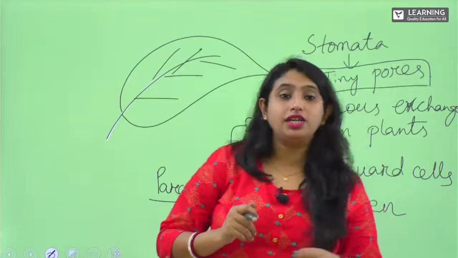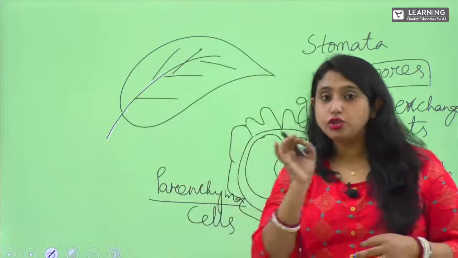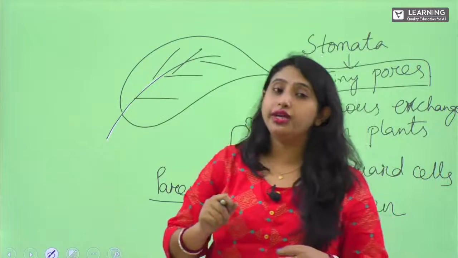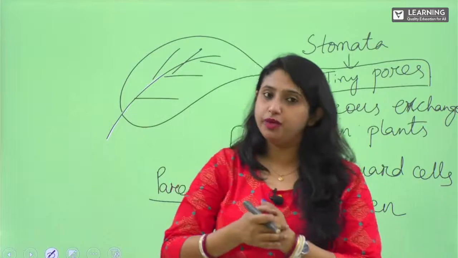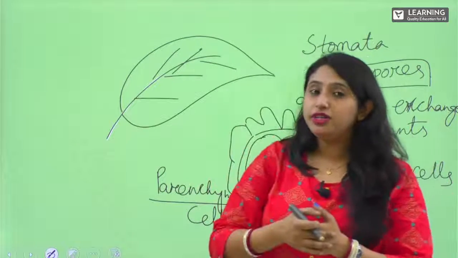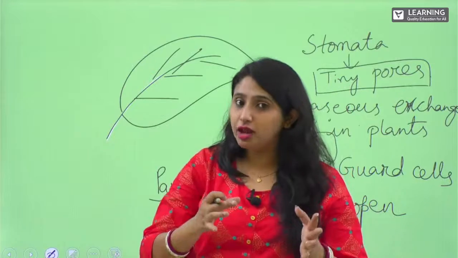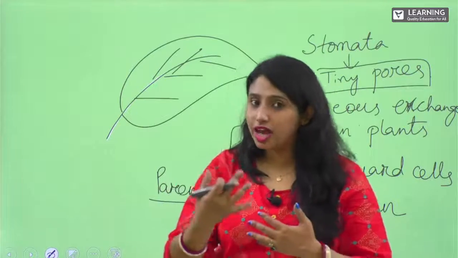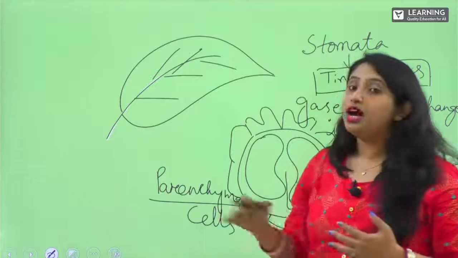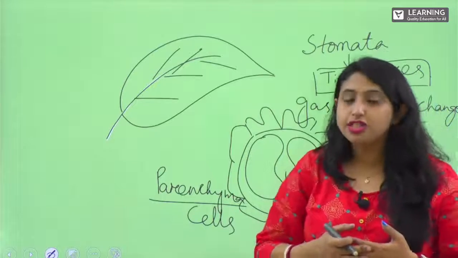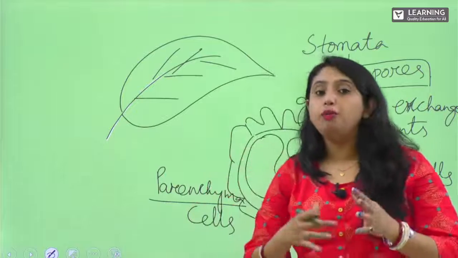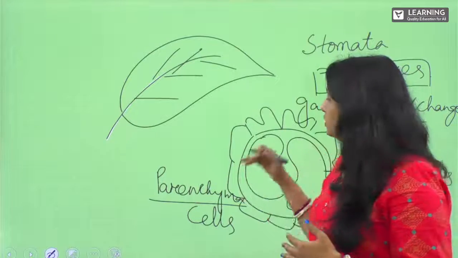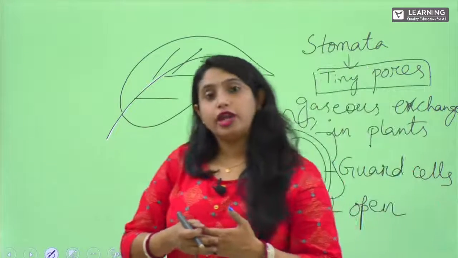You might have studied in your lower class that in permanent tissue there is simple permanent tissue and complex permanent tissue. In simple permanent tissue you have seen the parenchyma cells, then collenchyma and sclerenchyma, right? The stomata are made up of parenchyma cells, which provide flexibility to the stomata to open and close. The stomata also have epidermis.